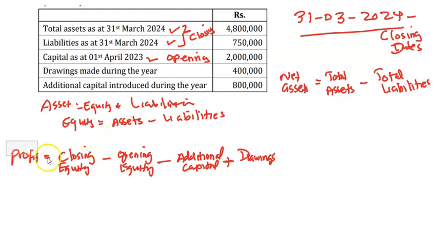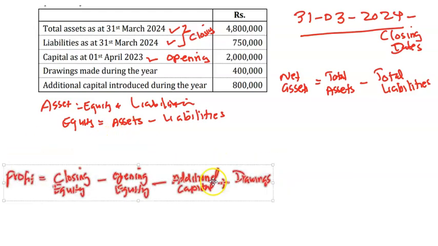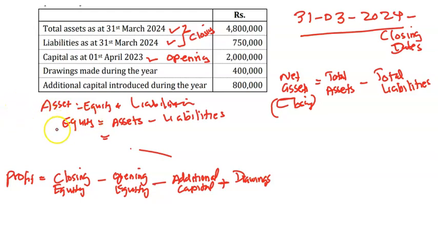In this part, we substitute the assets. Let's take the closing, because we are going to find out the closing equity. So you have to take the data of the closing time, right? That is total assets at 31st March 2024 is 4.8 million minus liabilities of 750,000.